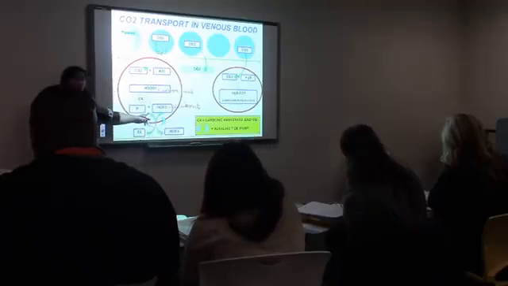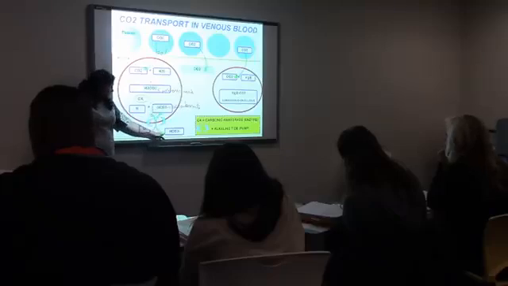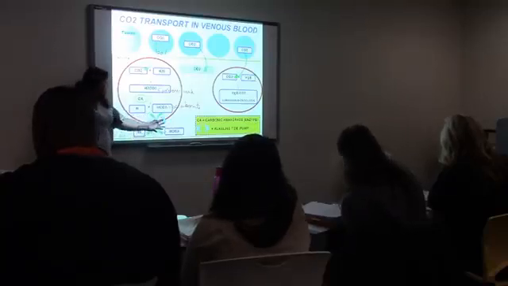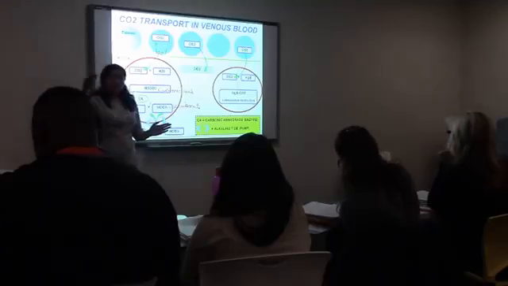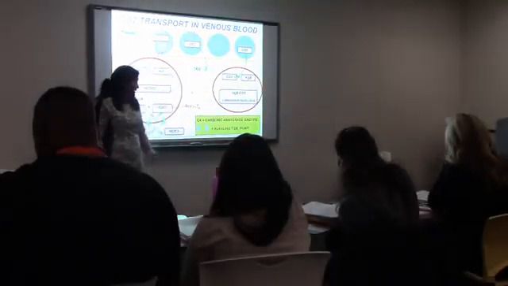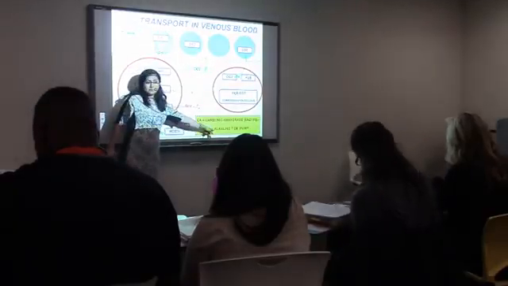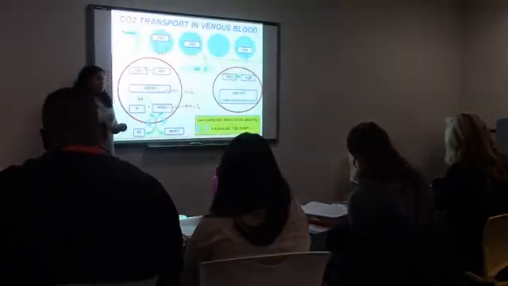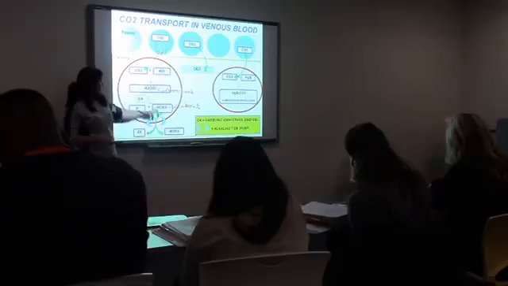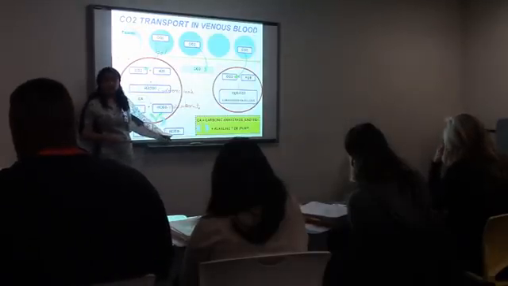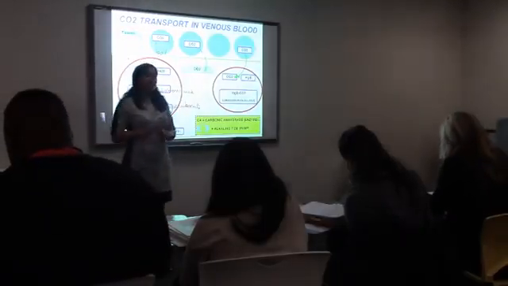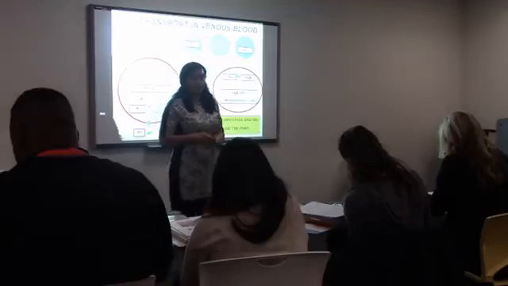In exchange, chloride comes in. So the bicarbonate leaves the red blood cell and stays in the plasma in that form. And in exchange, chloride comes in. This transporter that allows bicarbonate to leave, in exchange for chloride to come in, is called the alkaline tide. Didn't this carbon dioxide basically turn into bicarbonate? Right? So we say 70% of carbon dioxide is transported in venous blood as bicarbonate.